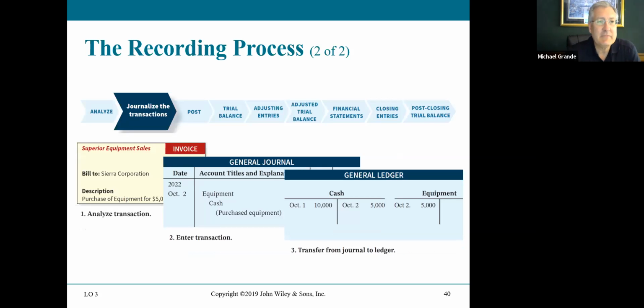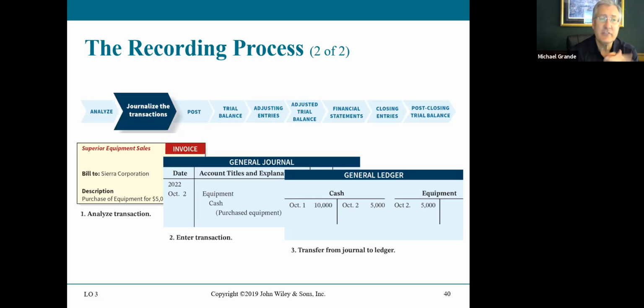So let's look at the first transaction here. This is Superior Equipment Sales, bill to Sierra Corporation, and it says purchase of equipment for $5,000. We're going to have a journal entry, and then we're going to post to the T account.